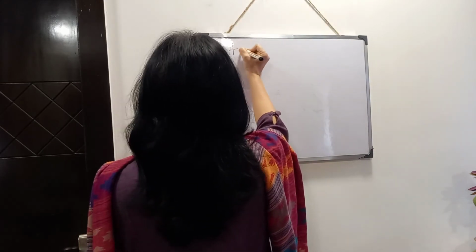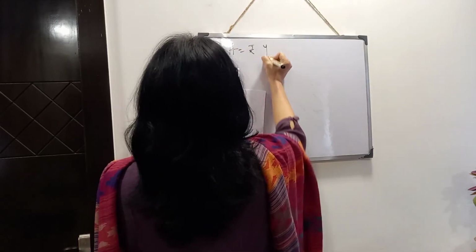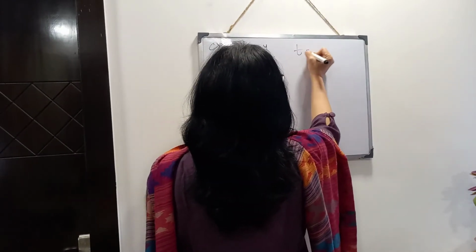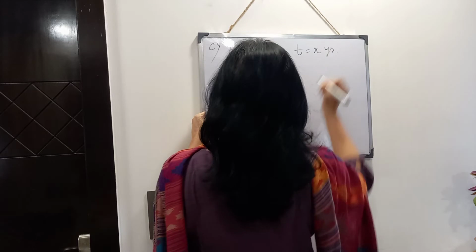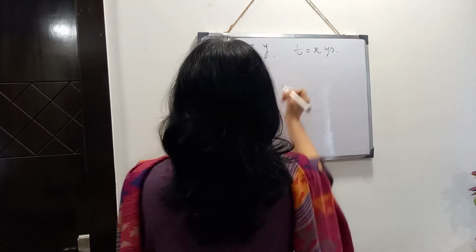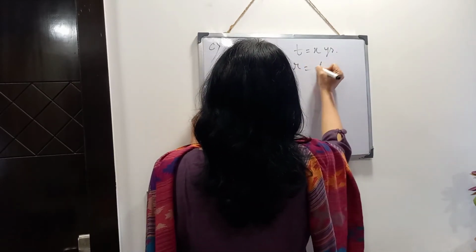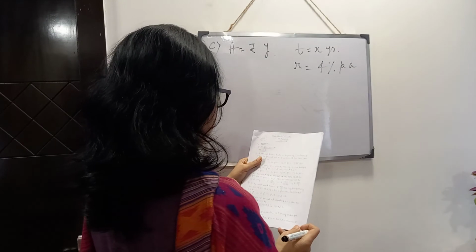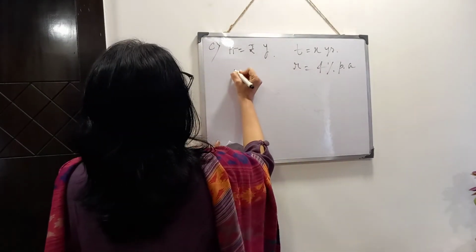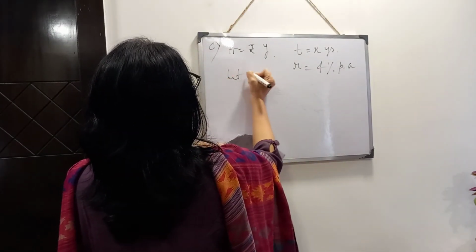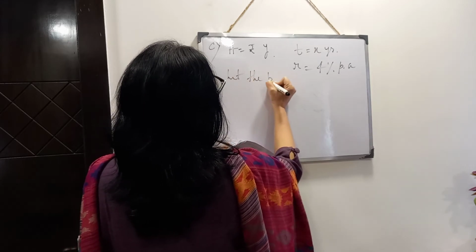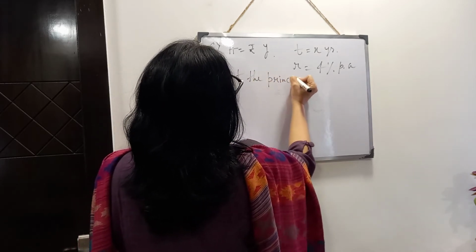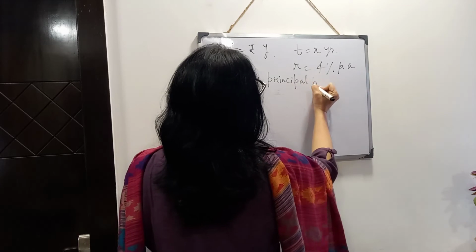Amount is given rupees y and time is given x years. And rate is given 4% per annum. Per annum is per year. Let the principal be rupees P.